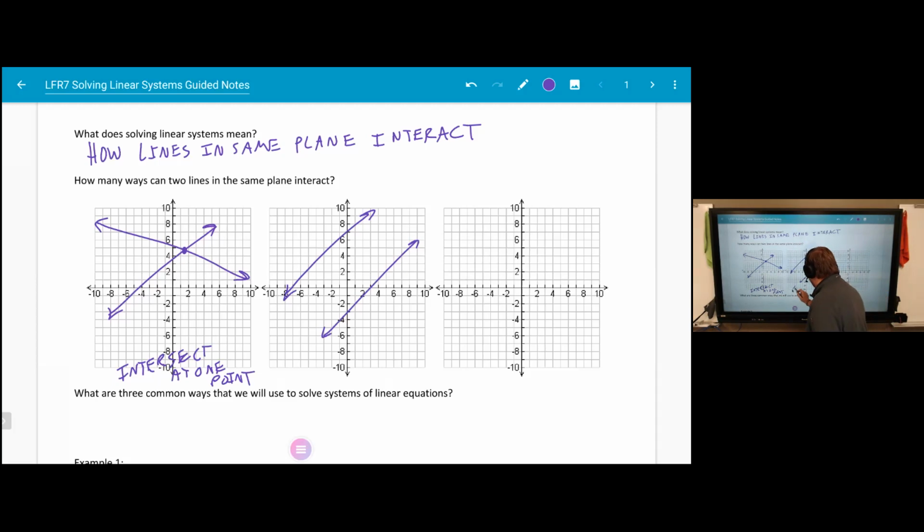That's a little symbol used for parallel lines. And how many times did they touch? None. Very good. So zero interactions or zero solutions. And this would be one solution over here.